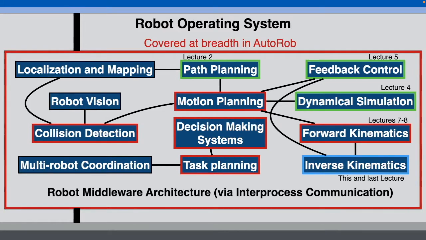As a refresher about where we stand within the course layout and what projects we have worked on and where we're going, this slide illustrates the core functionalities that you might want within a robot operating system and where they fit within our course. Currently, this lecture and our last lecture are focusing on inverse kinematics, and coming up we'll be looking at motion planning, decision making, and collision detection.